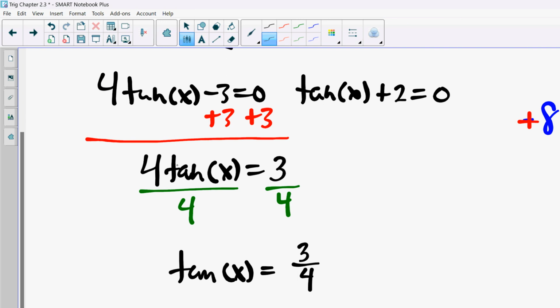Well, 3/4 is not on the unit circle, because for tangent, the main ones that we have are square root of 3 over 3, 1 and the square root of 3. So here we're going to have to use our tangent inverse or arctangent. So we have that x is equal to arctangent of 3/4 plus pi k.